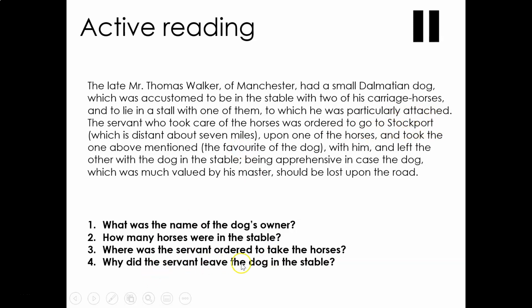And finally, the servant left the dog behind because he was apprehensive, worried in case the dog was lost upon the road. And he also left him behind because he was worried that if he lost the dog, that would upset the owner. We can infer that he said he was much valued by his master and therefore he would be upset should the dog not return.